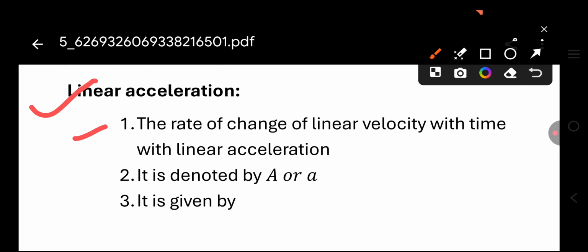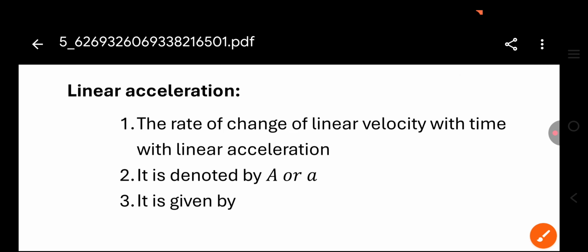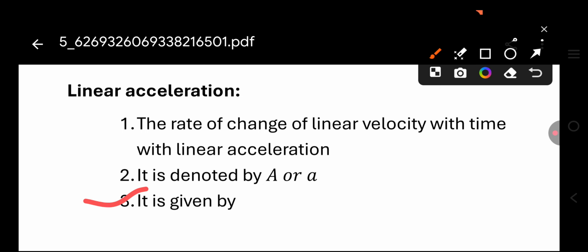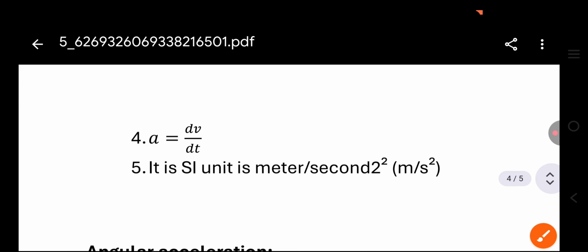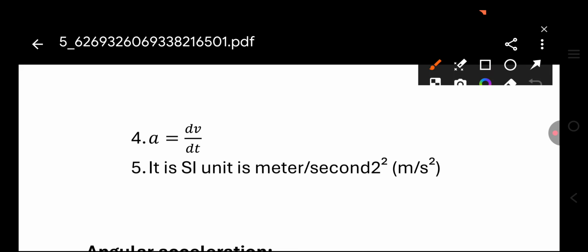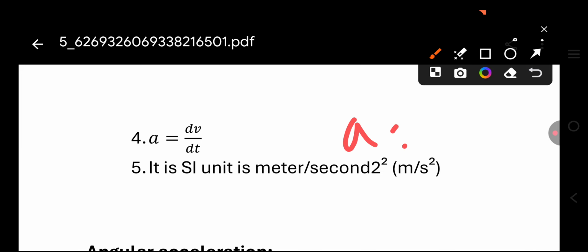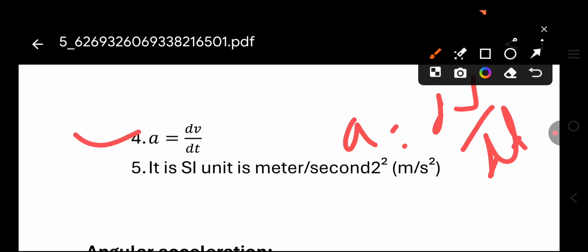Linear acceleration is denoted by capital A or small a, and it is given by a equal to dv upon dt.